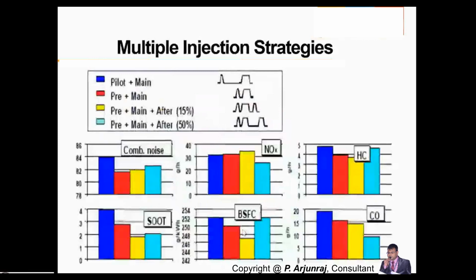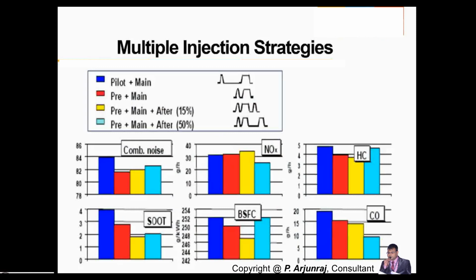And you see, this is what we have seen in the multiple injection strategies. This is just a snapshot I have taken from one of the research papers. See, the values will vary with respect to different configuration. And just from a theory point of view, I have taken the snapshot and I'm explaining it to you.